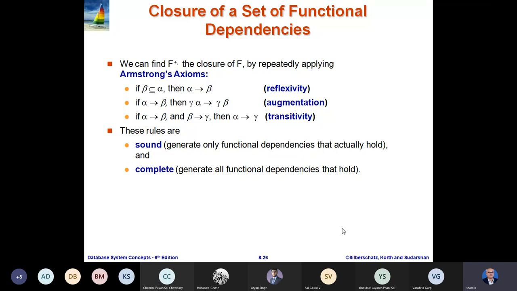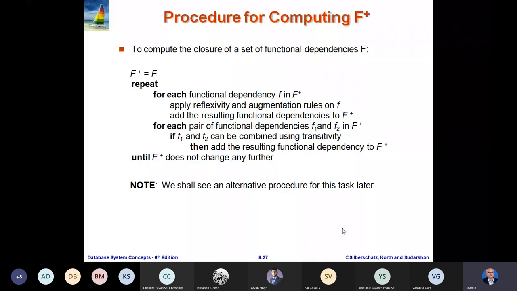And if we apply them repeatedly till we end up in a situation where there is no further addition to the set F plus, then we have achieved the complete closure of F. And if we keep applying them, then because these are sound and complete, we will not get any incorrect FD in F plus, and also we'll get all FDs that are logically implied by those in F also in F plus. So if we put the procedure for computing F plus, it is very straightforward to compute the closure of a set of functional dependencies F.